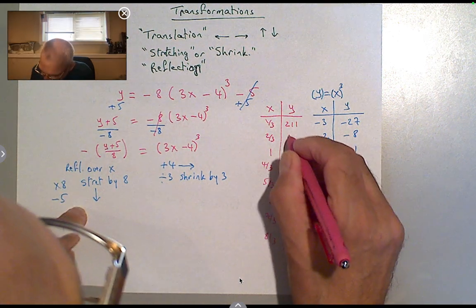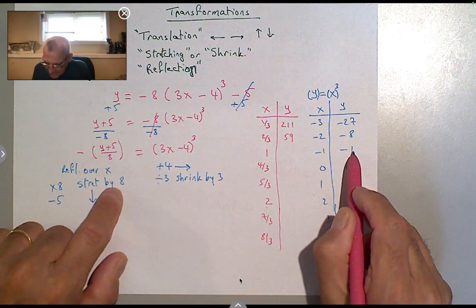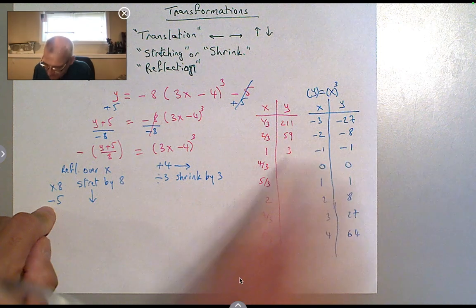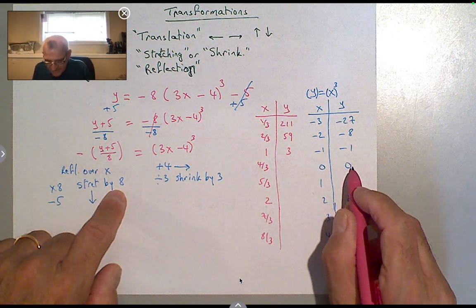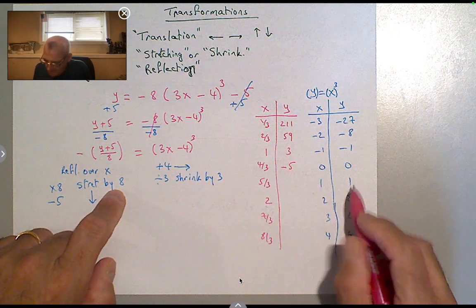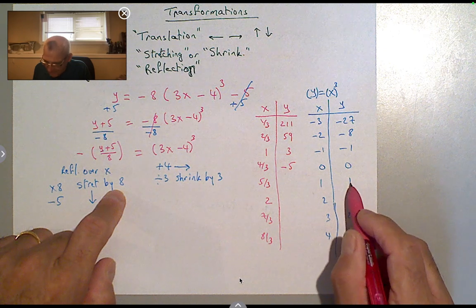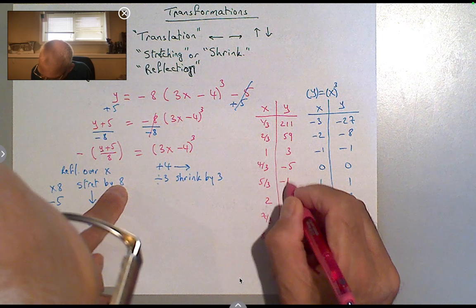Subtract 5, 59. Reflect 1. Stretch by 8, 8. Subtract 5, 3. Reflect stays 0. Multiply by 8, 0. Subtract 5, negative 5. Reflect, it's negative 1. Multiply by 8, negative 8. Subtract 5, negative 13.